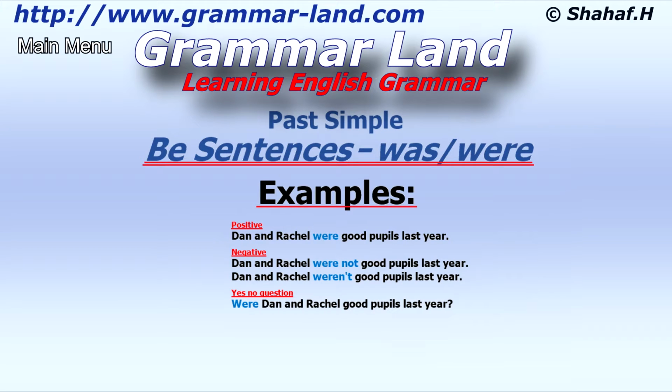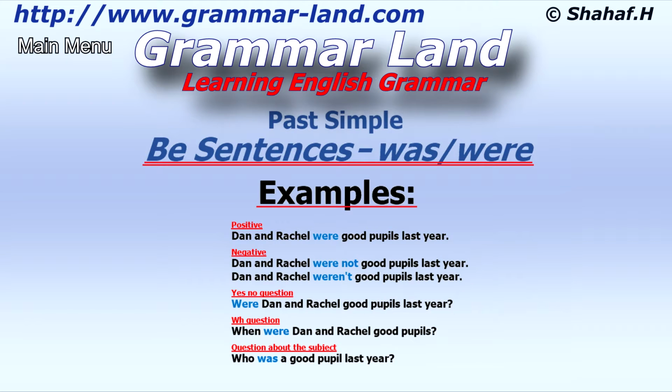Yes no question. Were Dan and Rachel good pupils last year? WH question. When were Dan and Rachel good pupils? Question about the subject. Who was a good pupil last year? I repeat. In questions about the subject we always use was. Never were.